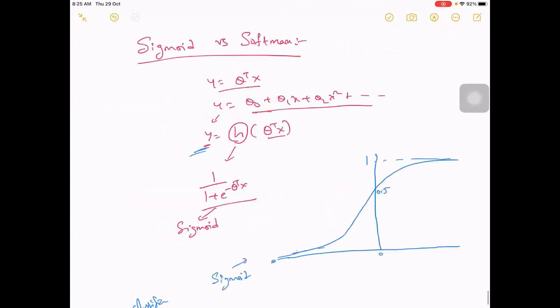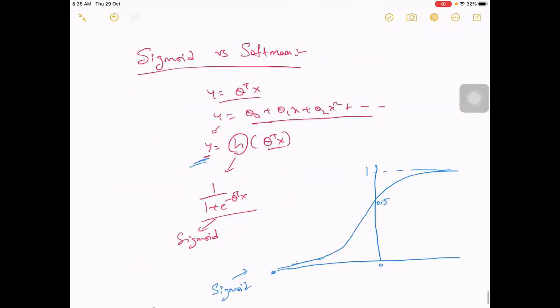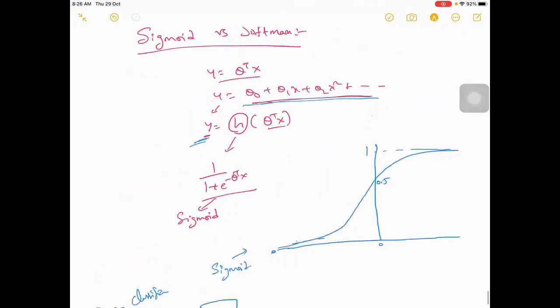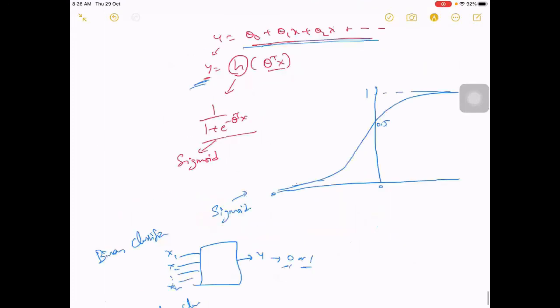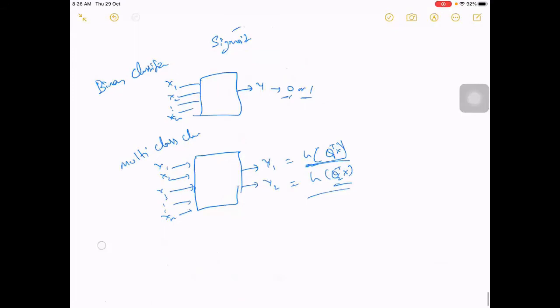You compute it separately, but actually it's not separate. It will be within the same function, but treat it as one representation here, and one more representation with different thetas. And this is multi-class classification.